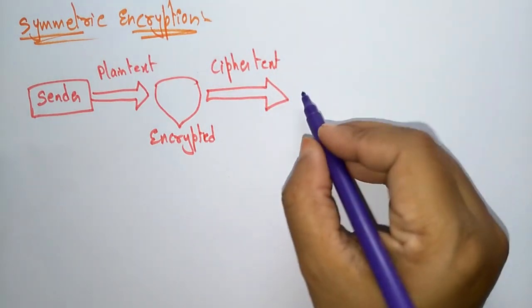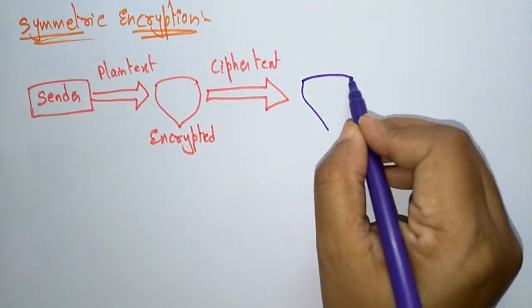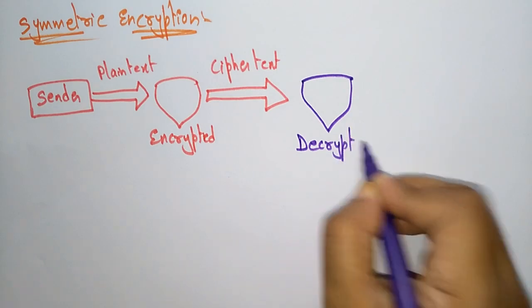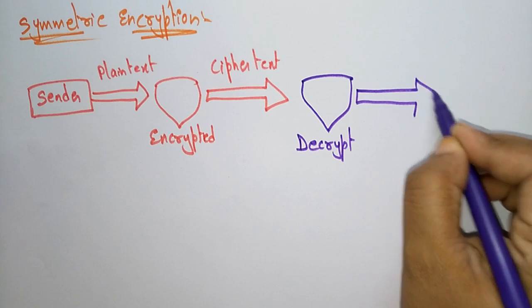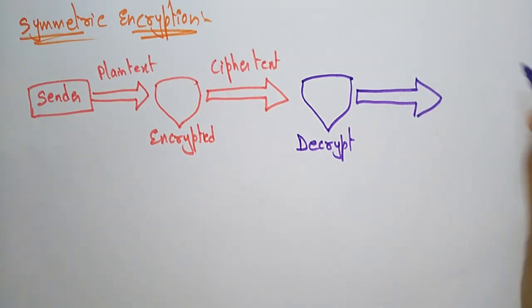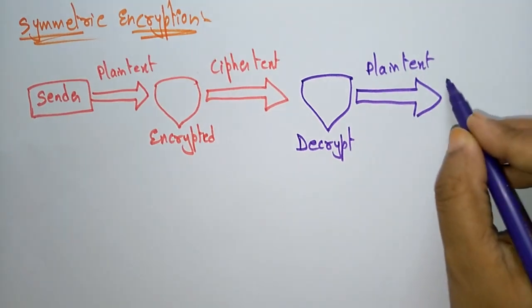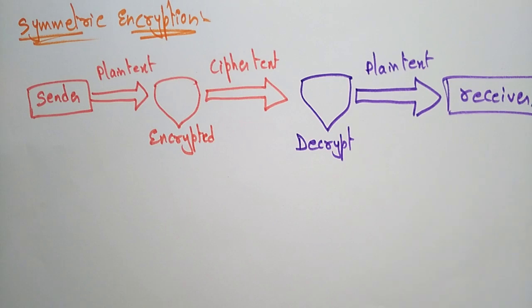Next, the receiver wants to receive that, so he has to decrypt it and convert it into plain text. So this is a symmetric process.